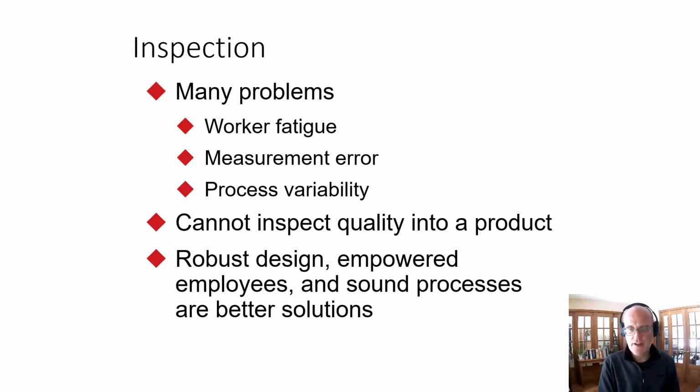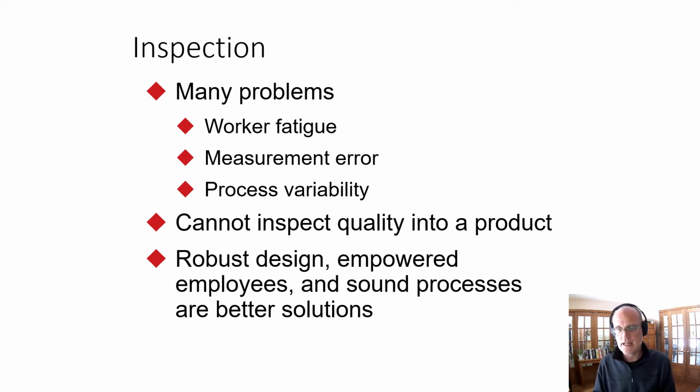So if you have a flawed process or a flawed product, and inspection reveals that at least a portion of it isn't up to par, inspection will not change that process. Inspection will highlight if you have an issue with process variability. It will highlight if you've got some other errors. It will highlight if you've got people having a bad day, but it will not make a flawed process or service better.